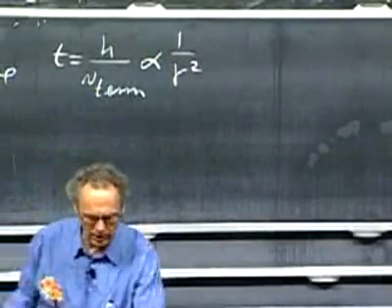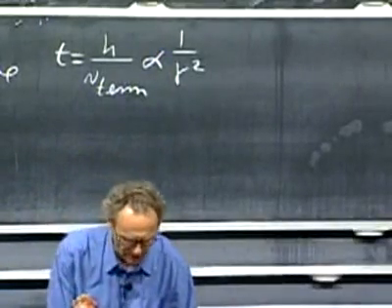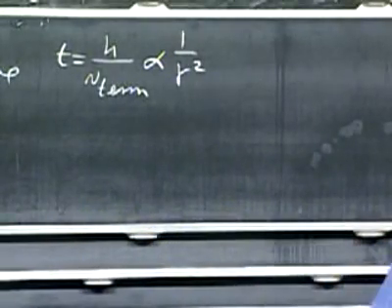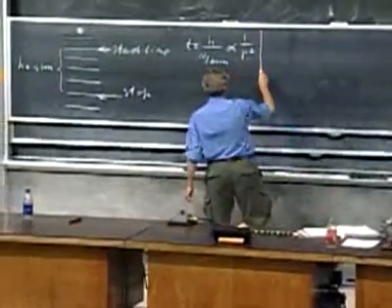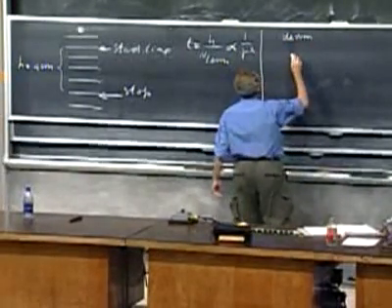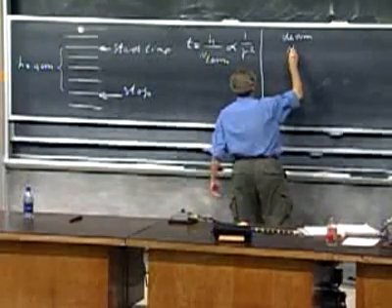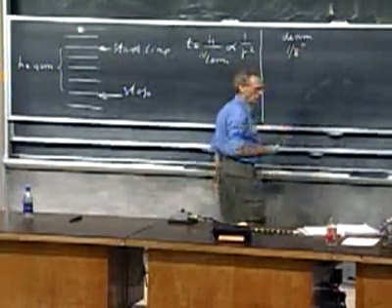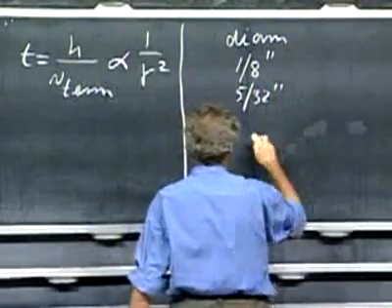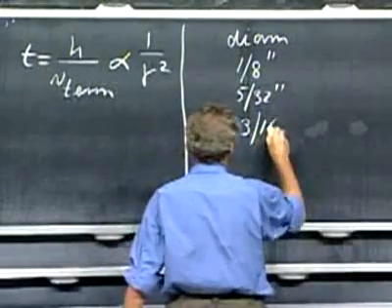And now I will give you, not the radii, but the diameters of these ball bearings. That's the way they come. So we're going to get a list here of the diameters of the ball bearings, and the diameters are in inches. My smallest one has a diameter of 1/8 of an inch. Then I have 5/32, I have 3/16.